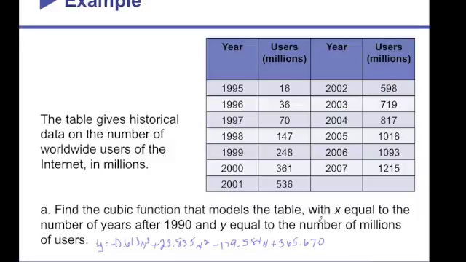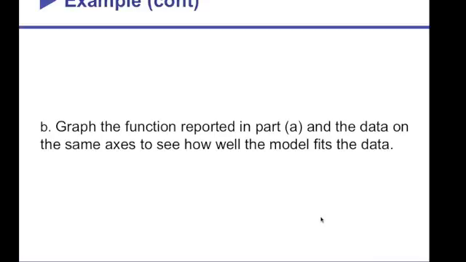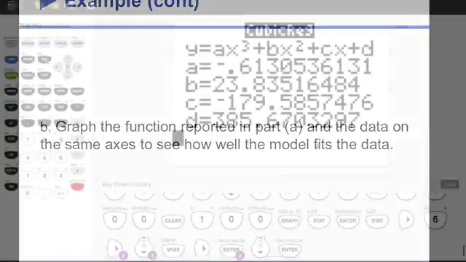So there's our function. Let's find what we need to do next. Graph the function and the data on the same axis to see how well the model fits the data.